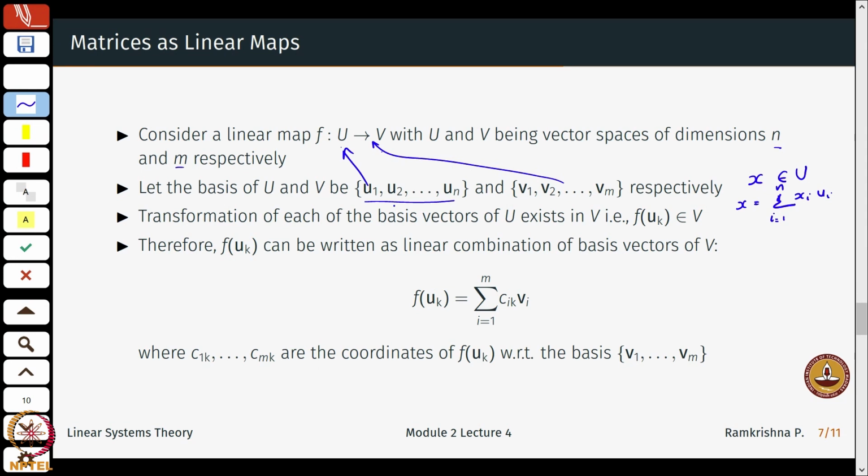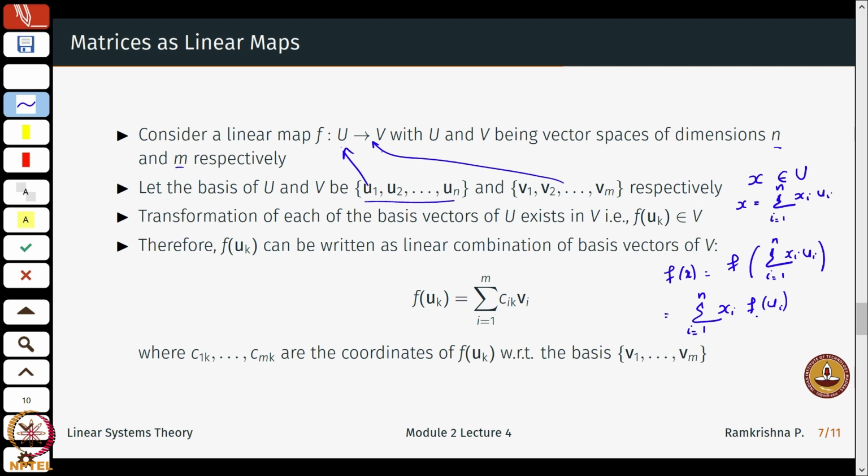Now, if I take this map, f of x is f of the summation of xi ui. Since we are looking at linear maps, because of the linearity this will be summation i equal to 1 to n of xi f of ui.